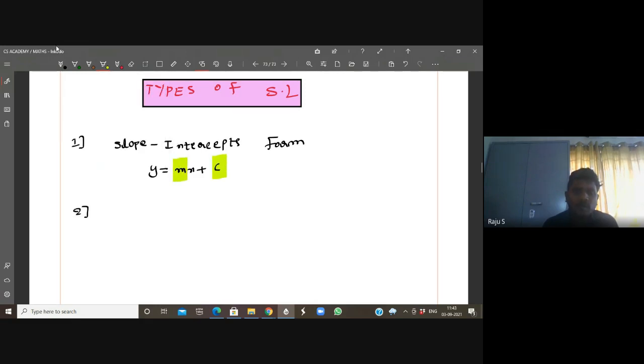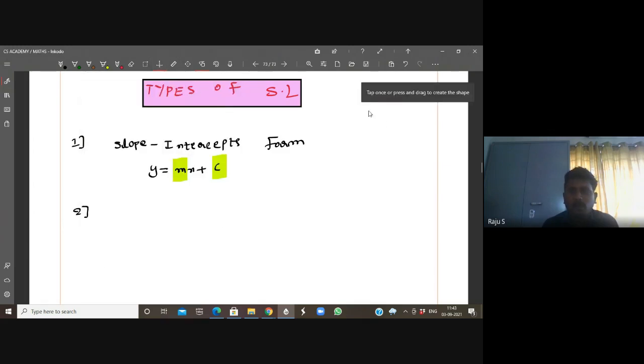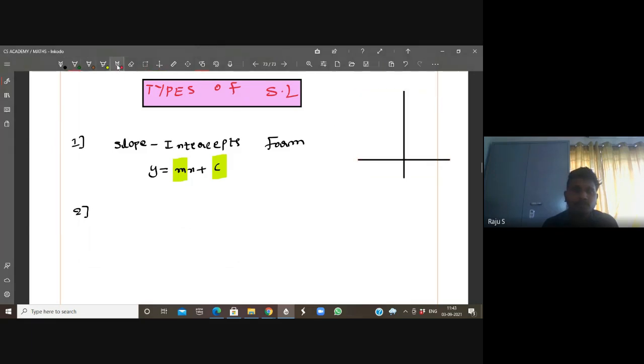And c is called y-intercept. M is called slope. Coming to the graph of that, when I draw the graph, this line can make an angle theta with the positive direction of the x-axis, and there is some distance from the origin to the y-axis.